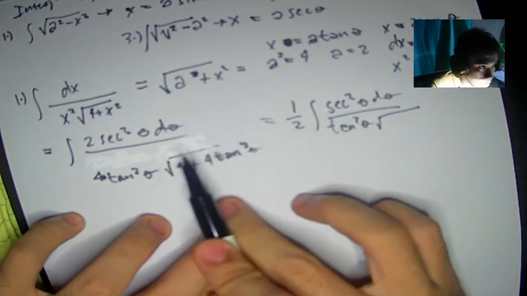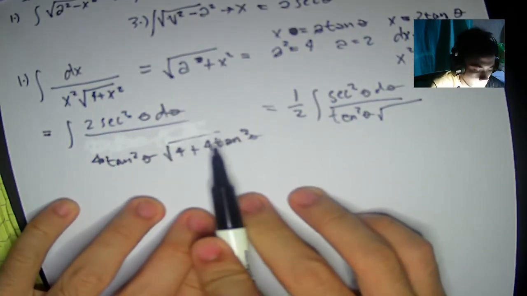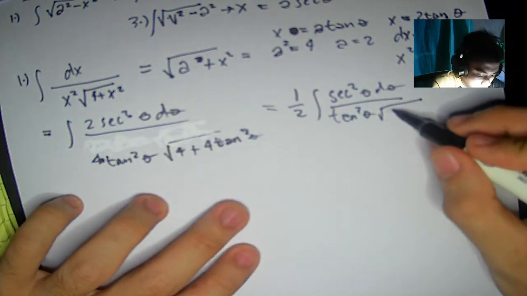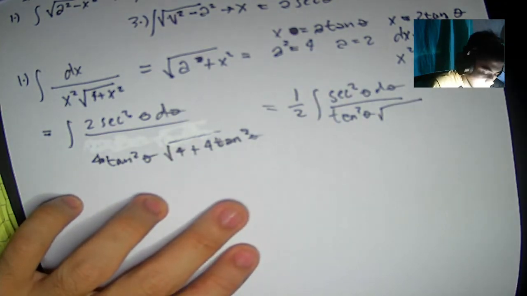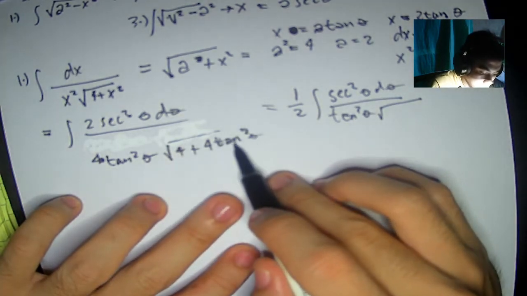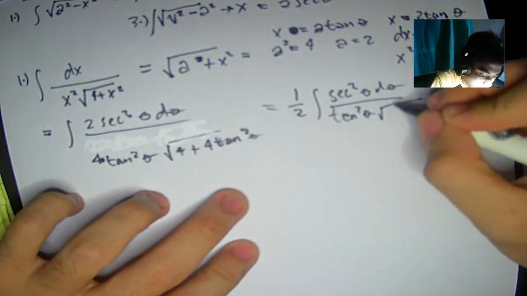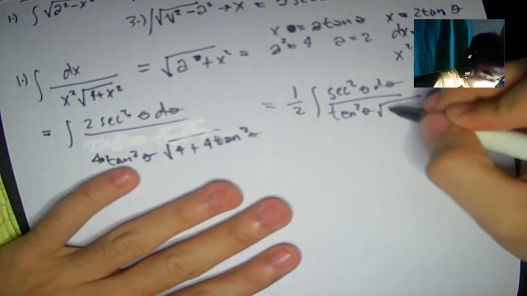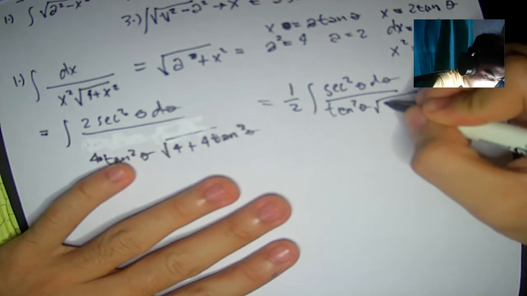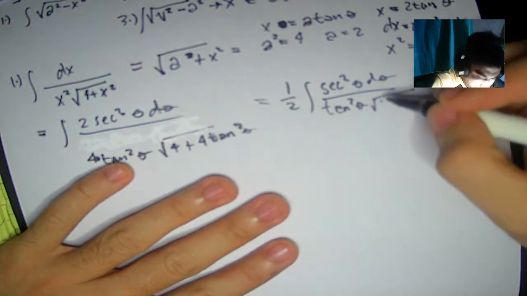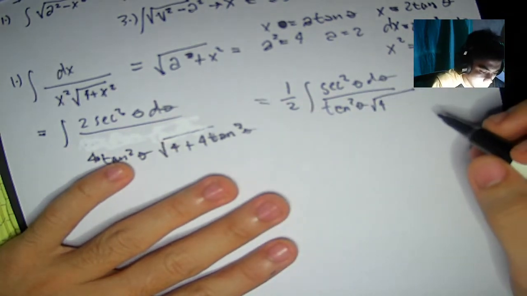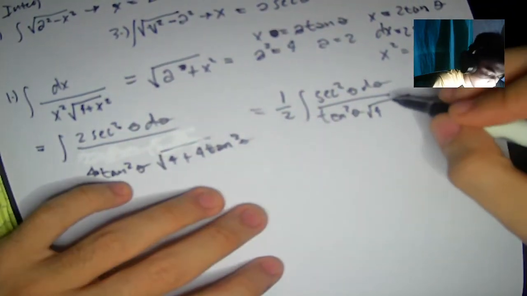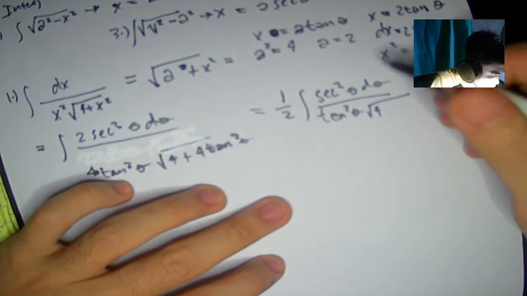So in here, we can do something different. We can transform this, because it's tan squared, you can put this as this. It's really like factoring.